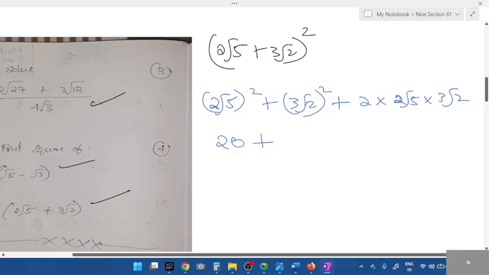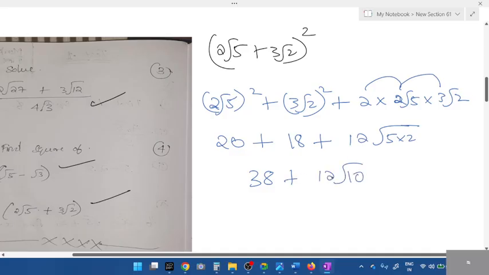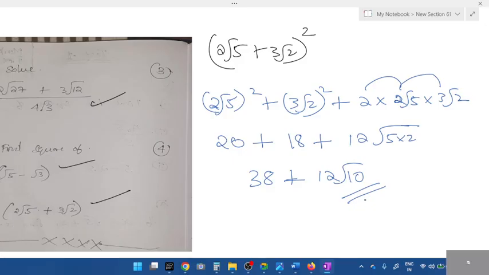Here, very good. 9 2s are 18 plus. What are the like terms here? 2 into 2 is 4. 4 3s are 12. In bracket, you can multiply 5 into 2. So 20 plus 18 is 38 plus 12 root 10 is the answer. Got the same answer? 38 plus 12 root 10 is the final answer, students.